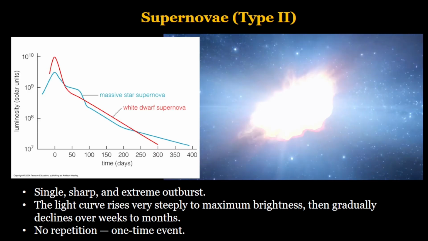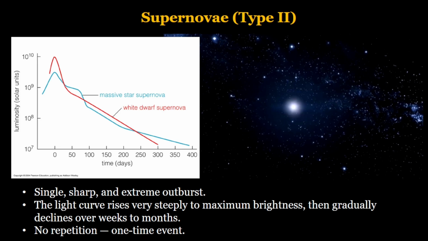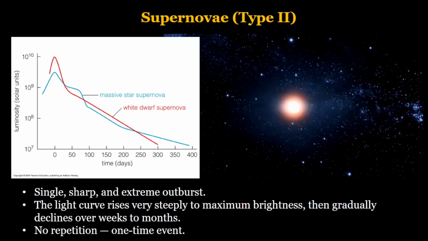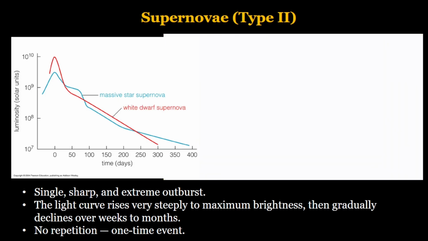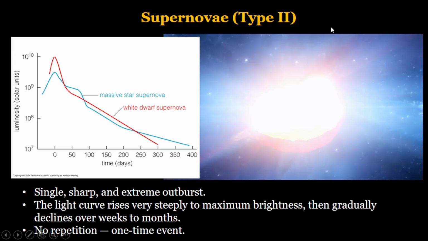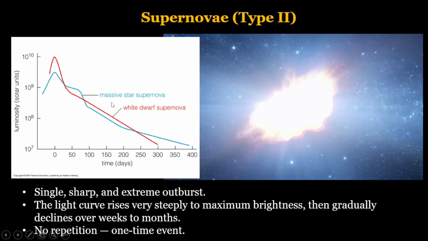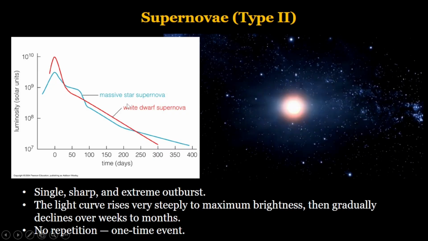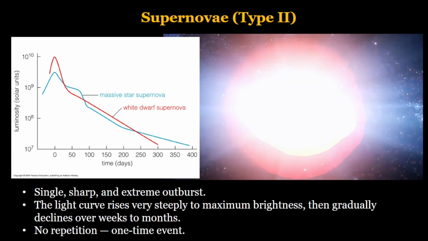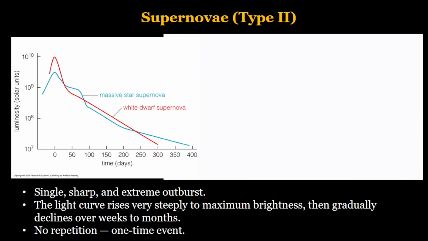And it does not repeat. For a type 2 supernova, it is just a one time event. You can see the light curve, and they usually come from very massive stars, I think 8 solar masses and above.